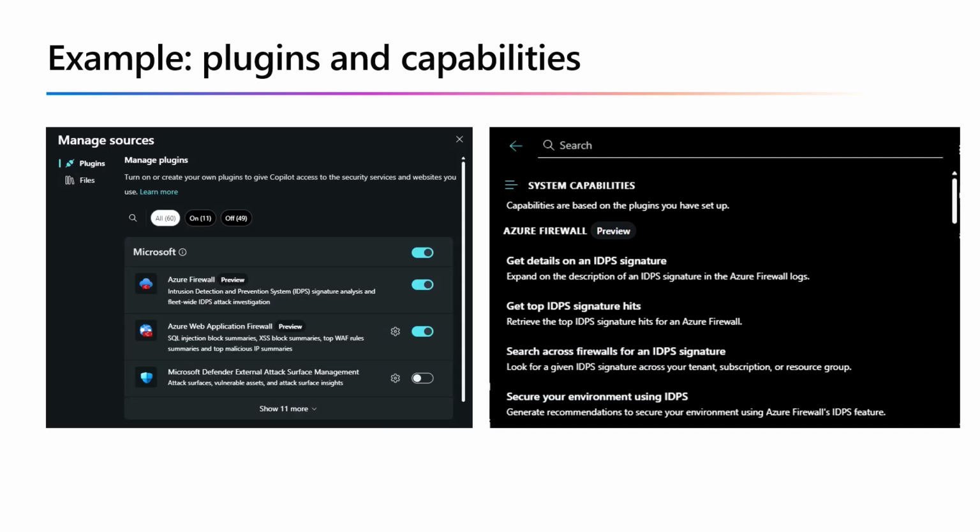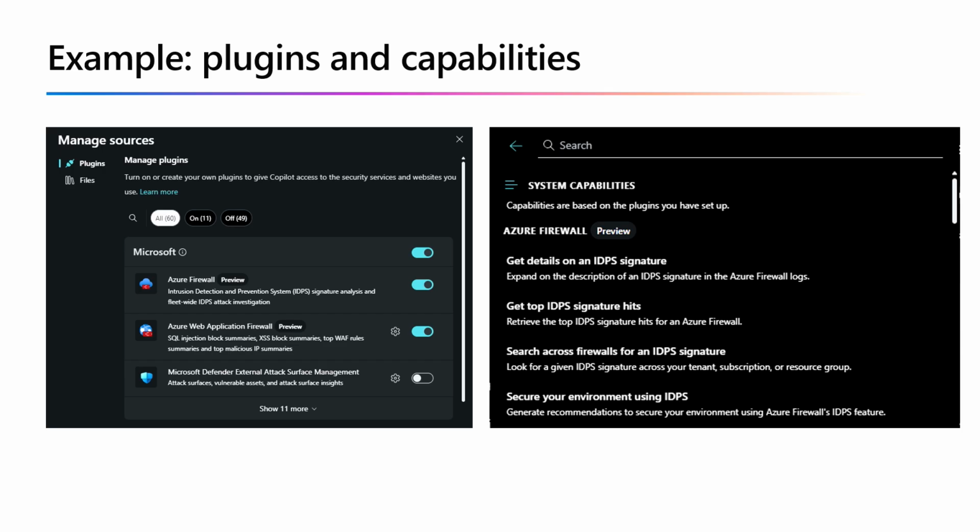In the previous session, we gave an example of a plugin, which is Microsoft Entra. However, this is not the only example. Copilot integrates with various sources through plugins, including Microsoft's own security products, such as Microsoft Sentinel, Defender XDR, Microsoft Intune, and also non-Microsoft solutions and open source intelligence feeds.